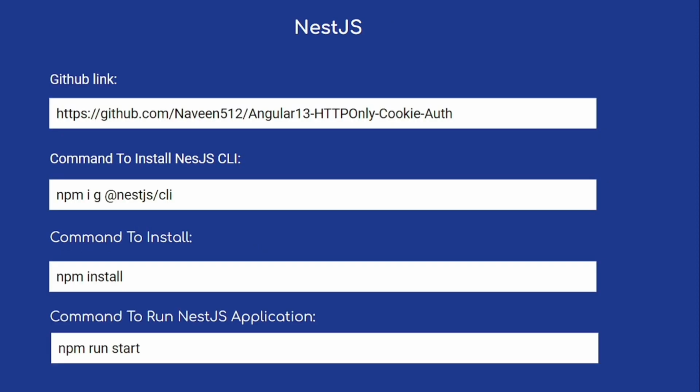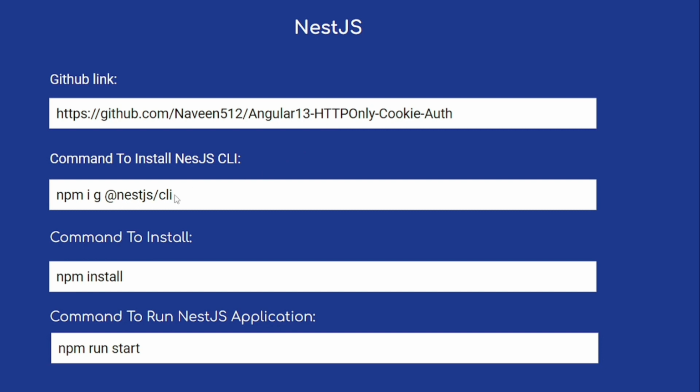For this demo, I have chosen a NestJS application as my server application, which is built on top of the Node framework. Here you can see my GitHub link, and I will also provide the link in the description section. Once you have cloned or downloaded the project, first you need the Nest CLI environment in your system.